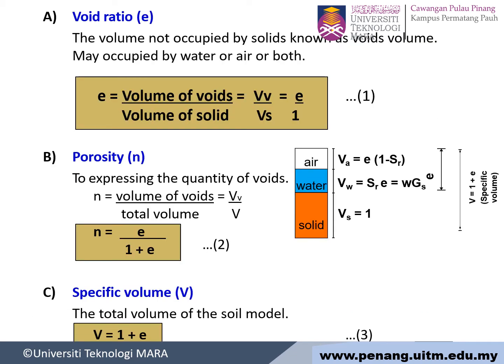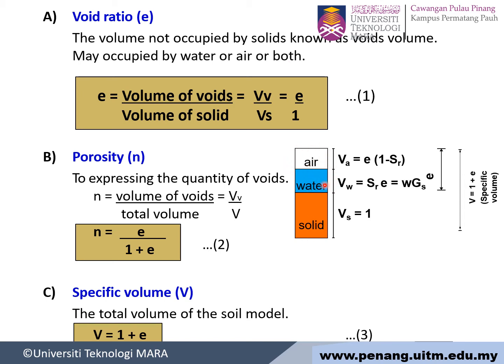Void ratio, porosity, and specific volume. This one is related to volume. The volume not occupied by solid, known as void volume, may be occupied by water or air or both. Okay, if you still remember, we have air, water, and solid. This one is void.